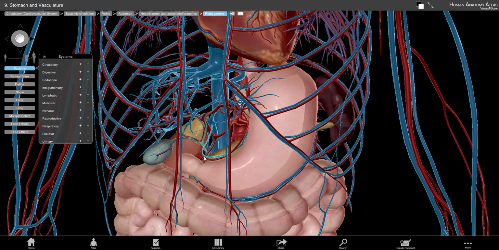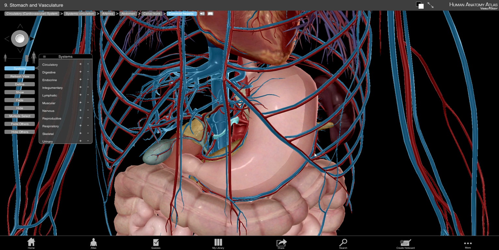The right gastric artery arises from the hepatic artery proper, and the left gastric artery directly from the celiac trunk. The greater curvature of the stomach is supplied by the right gastro-omental artery, which arises from the gastroduodenal artery. This gastroduodenal artery arises from the common hepatic artery and supplies these areas.